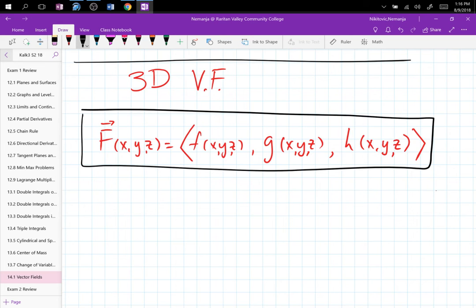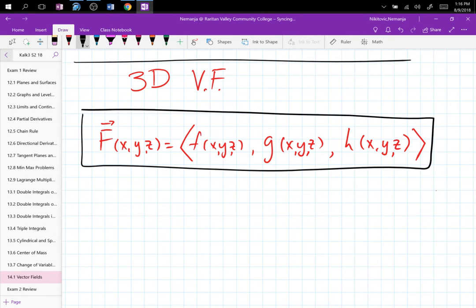The last part of this is to understand that this formula here is a vector of functions. So if that is a vector of functions, then I can take a scalar function and get a gradient of it, and that creates a vector of partial derivatives. So every gradient is actually a vector field.